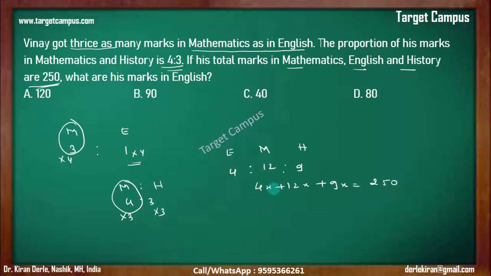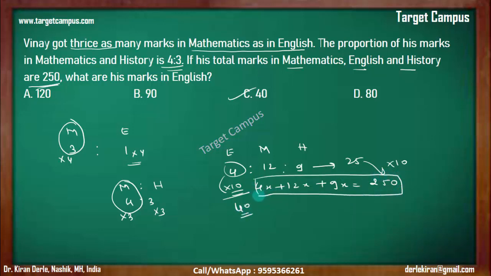This total is 12 plus 9, 21, plus 4, 25 parts. If 25 parts are there, English is 4. This is into 10, so this would also get multiplied by 10. So 40 will be the answer. Otherwise we can solve this also, but I don't think we should waste our time doing this.